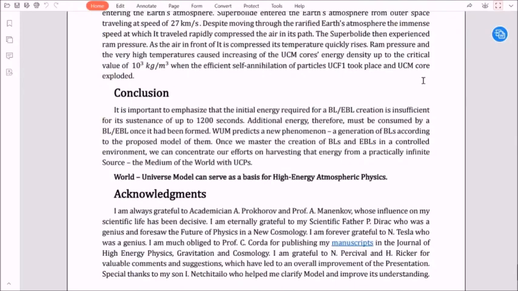Once we master the creation of ball lightnings and extreme ball lightnings in a controlled environment, we can concentrate our efforts on harvesting energy from a practically infinite source, the medium of the world with UC particles. World-Universe Model can serve as a basis for high-energy atmospheric physics.